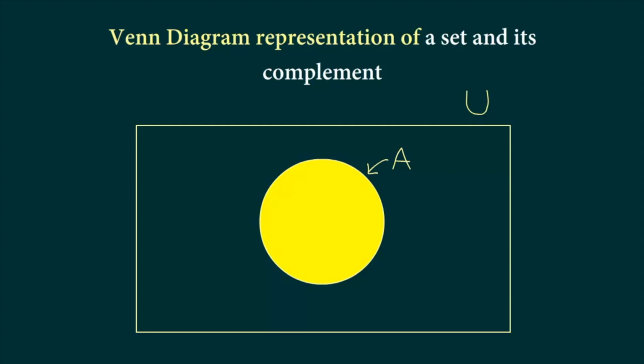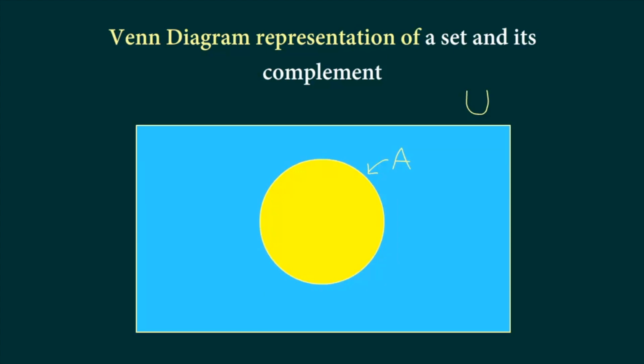Pretty much everything inside U which is not A, in other words, the part which is highlighted in blue. So A is the circle highlighted in yellow, and the entire blue part is complement of A, which is essentially the universal set minus A.